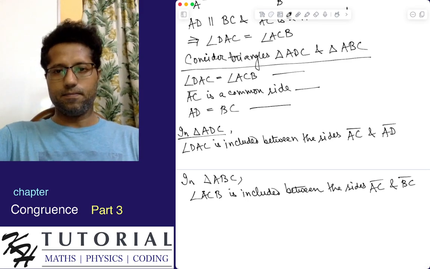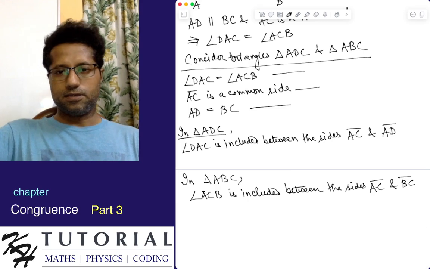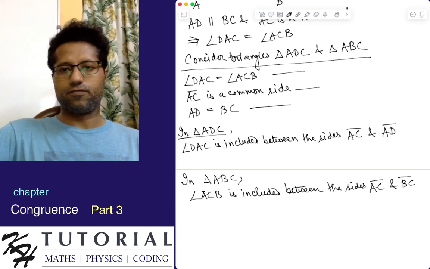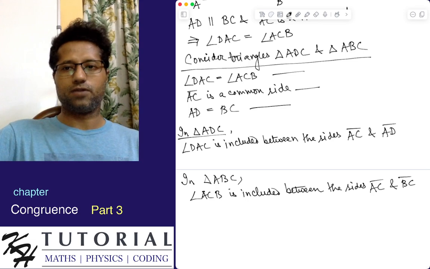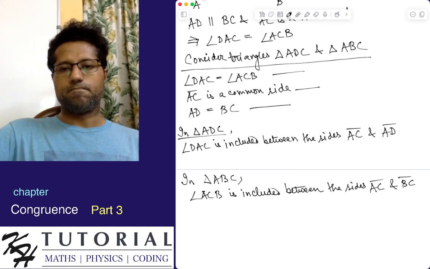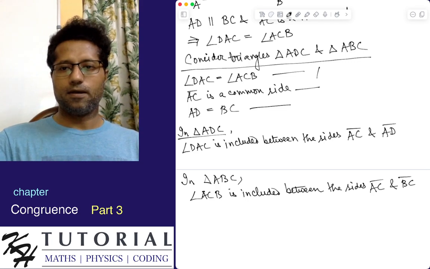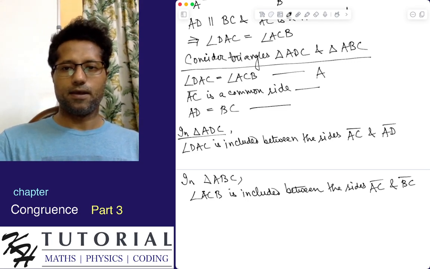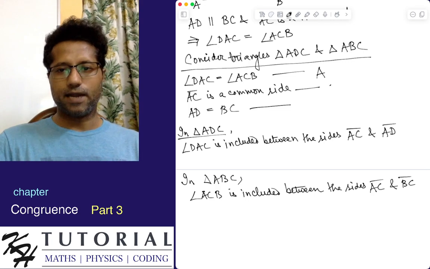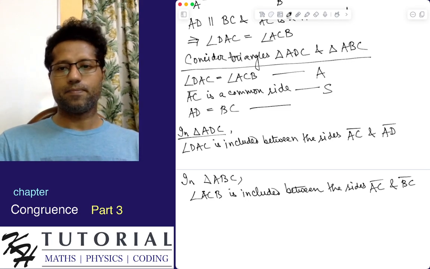So you can clearly see that angle DAC is equal to angle ACB. AC is a common side, that is, AC of triangle ADC is equal to AC of triangle ABC. This is angle matching, this is side matching, and this is also side matching.